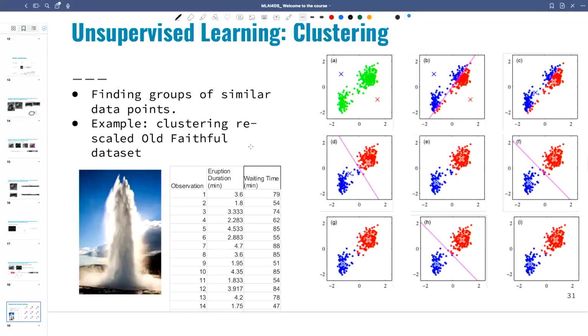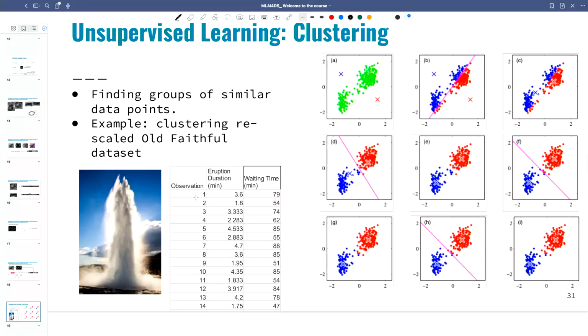And this data particularly comes from the Old Faithful data set. It's a very well-known data set. It measures how geysers erupt. So the geysers are like fountains and sudden eruptions of water in some areas.